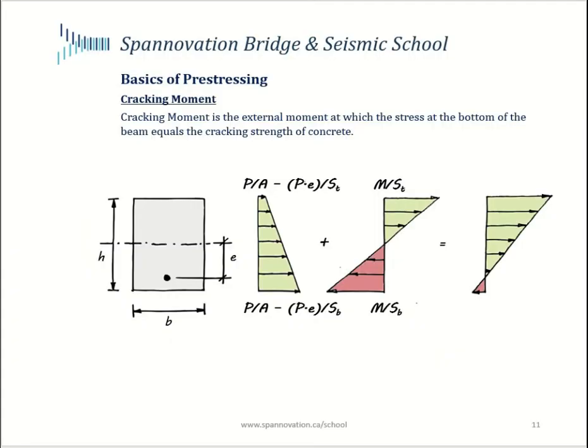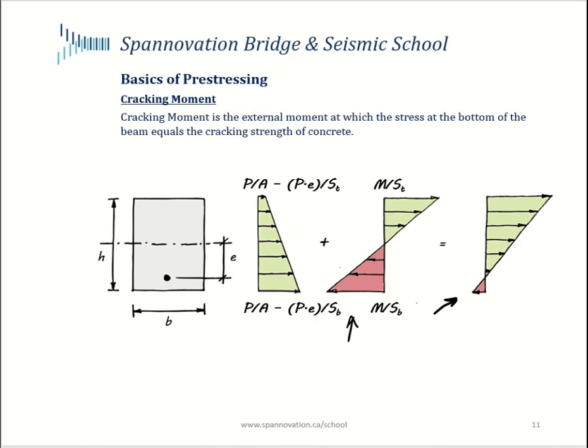So now let's look at the cracking moment. So cracking moment is defined as the external moment at which the stress at the bottom of the beam equals the cracking strength of concrete. So we know when we looked at the decompression moment that the stress in the bottom fiber continues to decrease as the external moment keeps increasing, and eventually you get to a state of zero stress.